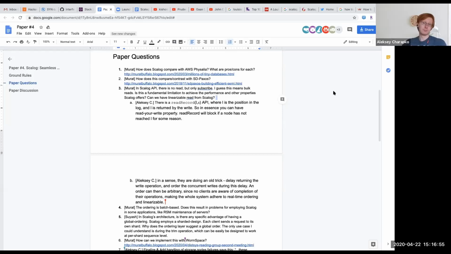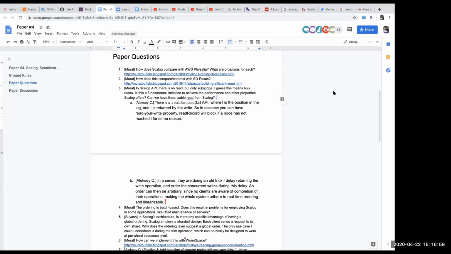Next question. I think that's Suyash. The question which I asked, I think we have already discussed, but I'll go over it again. My question was, is there any specific advantage of having this whole global ordering? In the diagram we saw in the paper and the presentation, there were different shards, and the ordering layer finally gave a single order. Do we need to do that?